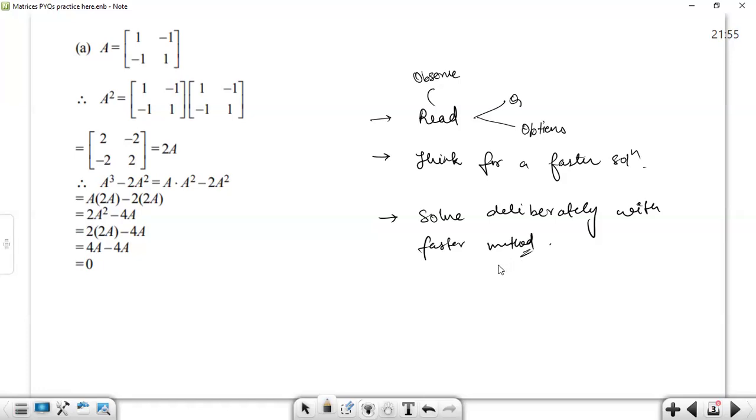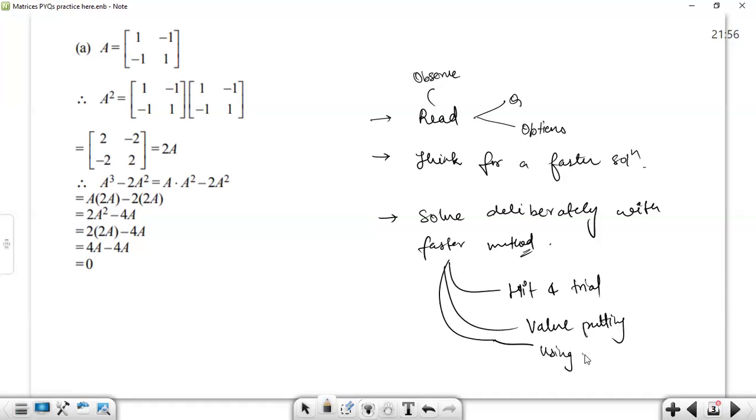Faster method means assuming, it can be hit and try, or value putting, or using options and solving partially.